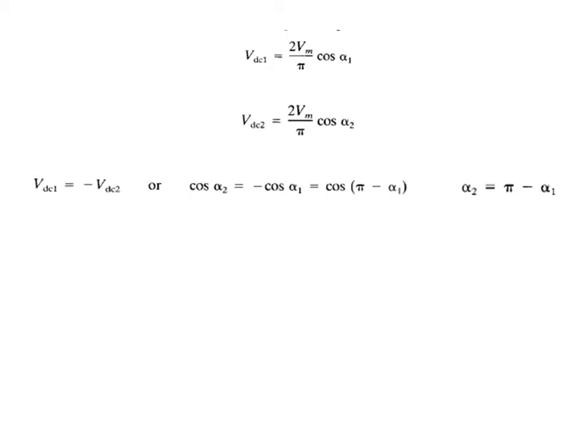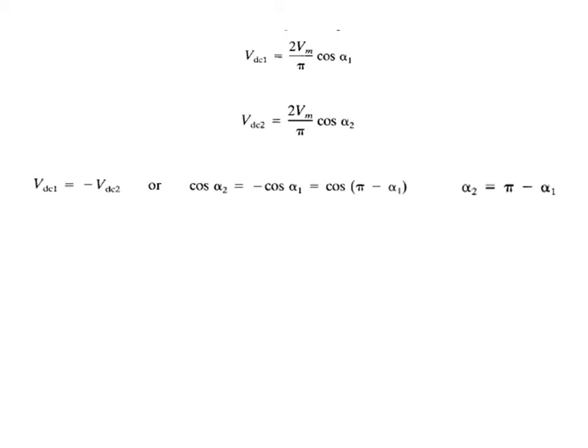If I consider V01 and V02 as the instantaneous output voltages for converter 1 and 2 respectively, the circulating current can be found by integrating the instantaneous voltage difference starting from omega t equal to 2 pi minus alpha 1.